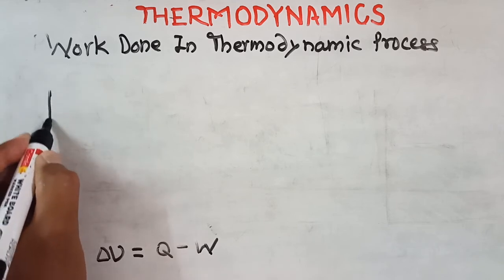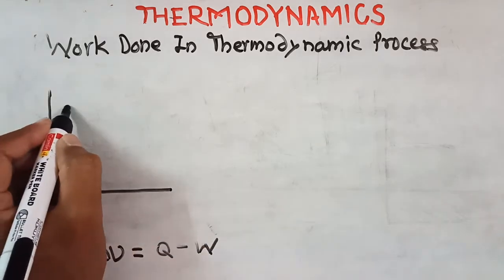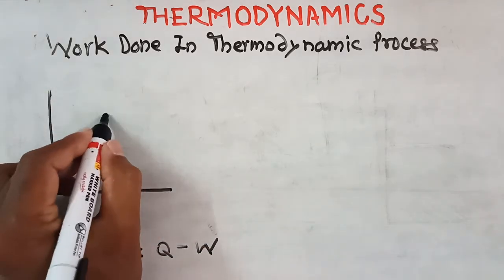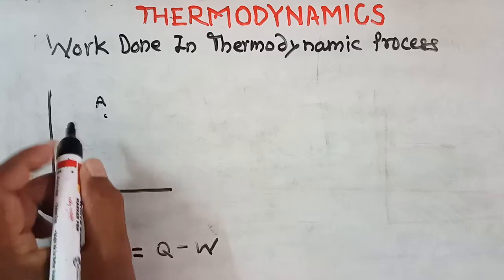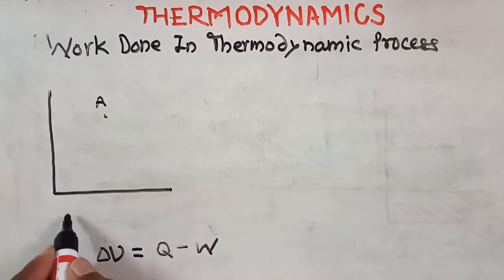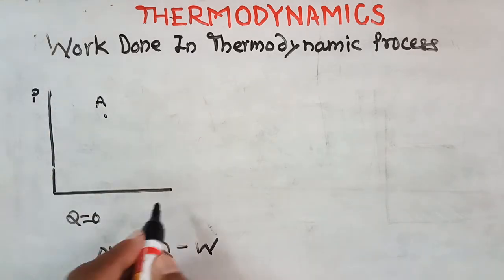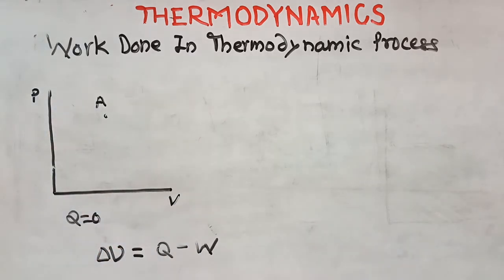Now let us see the PV diagram. This is our PV diagram. This is the initial point A, and suppose we have two cases. In the first case, Q is 0. This is the P axis, this is the V axis. Q is 0 means that heat is not absorbed by the system, or heat is not transferred from the system.